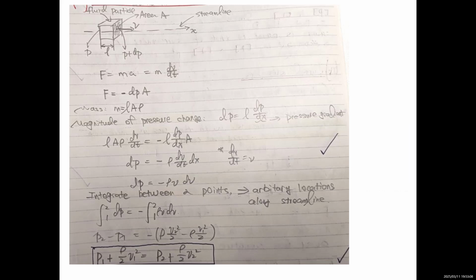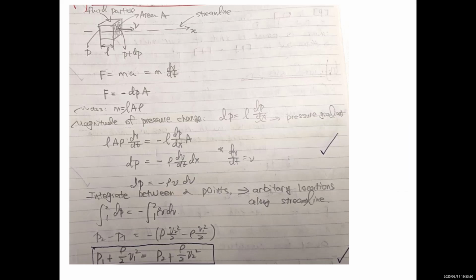If we want to examine the forces acting on a fluid, a partial fluid or a fluid particle, we have to find out the forces acting on it and apply Newton's law of motion. Typically, there are a lot of forces acting on the fluid.